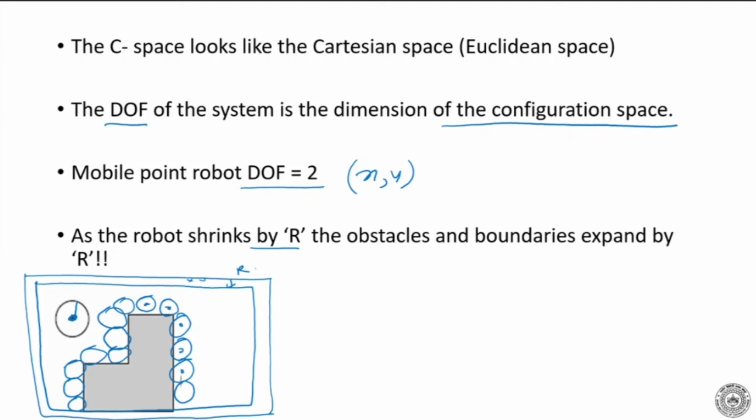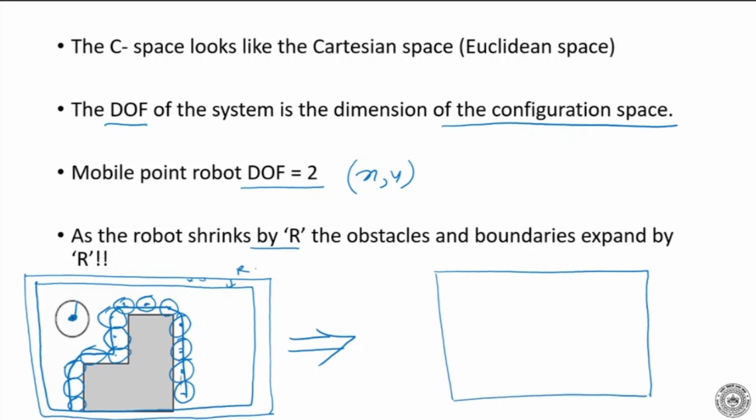If this is the center of the robot, the CG, the center point, then there will be a straight line like this, a curve like this, right? So this is my Cartesian space, and I'm converting it. First of all, it has become smaller. So this inner one is here now, which has become smaller by r.